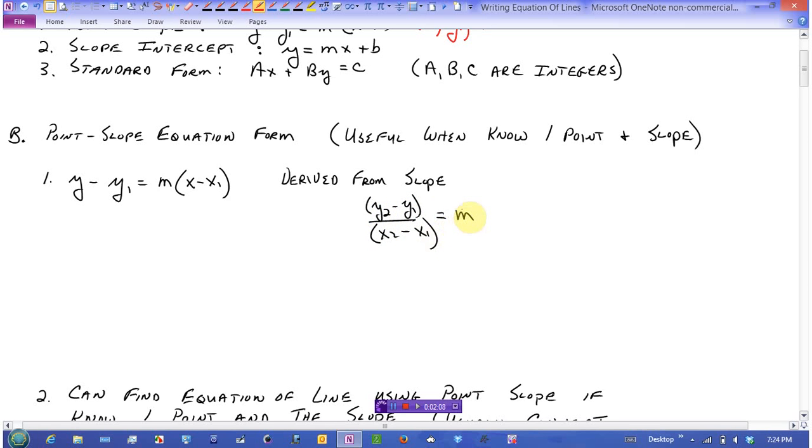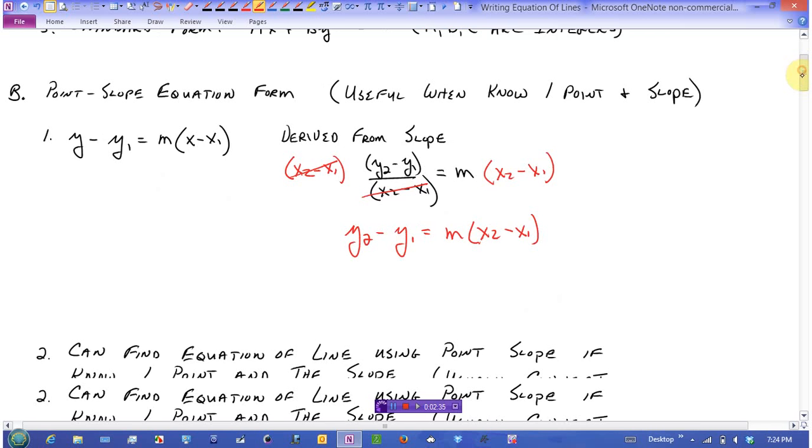Well, if I multiply this side by x2 minus x1 and the other side by x2 minus x1, those parts of the equation would cancel, and I end up with y2 minus y1 is equal to the slope times x2 minus x1. And that's where the point-slope form comes from.